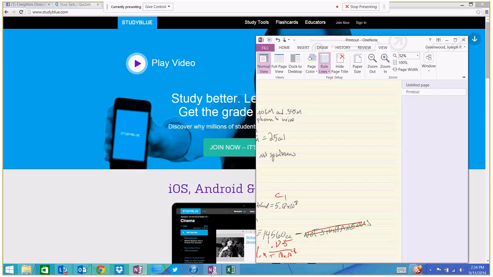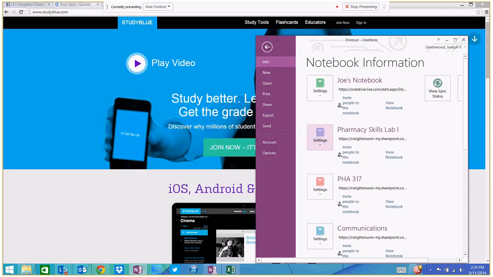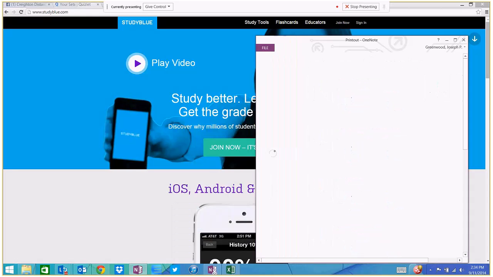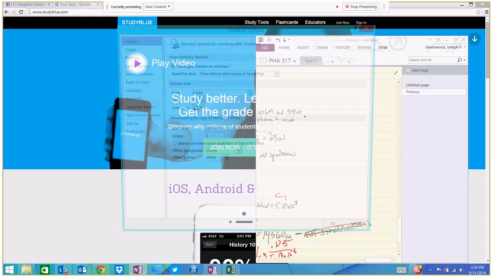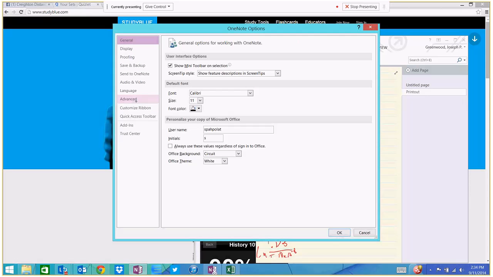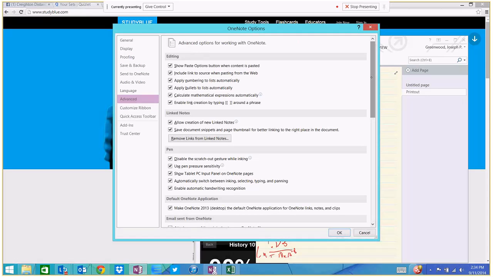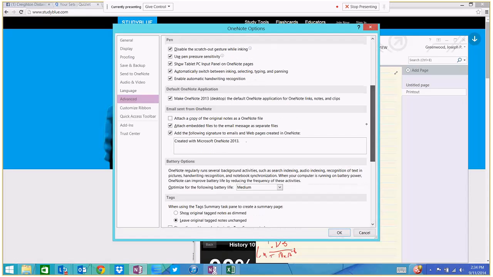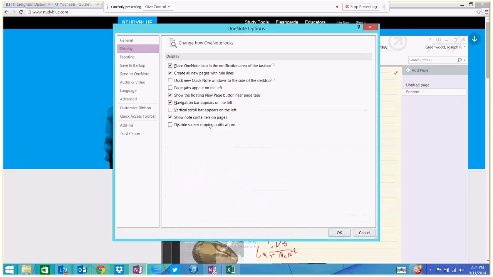I don't know if that's true for computer screens, but if you go to options, display, create all new pages with rule lines, so you won't have to continually go add rule lines.